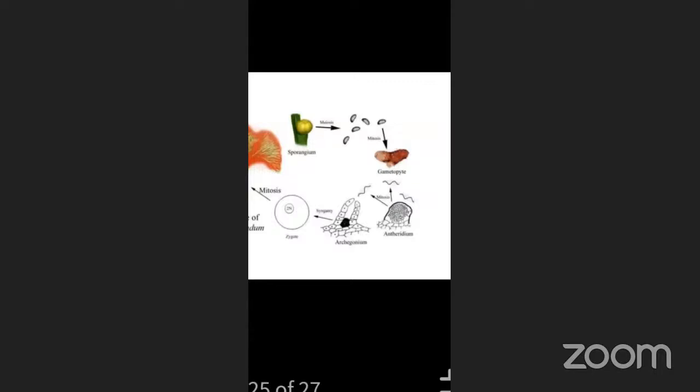The jacket is formed by a single layer of cells, which enclose androcytes, which give rise to about 200 anthrozoids. These anthrozoids are multiciliated and spirally coiled, and are released by the breaking open of the cells.